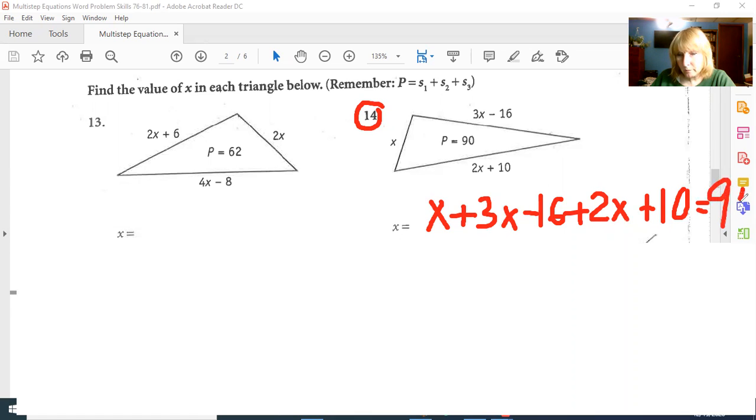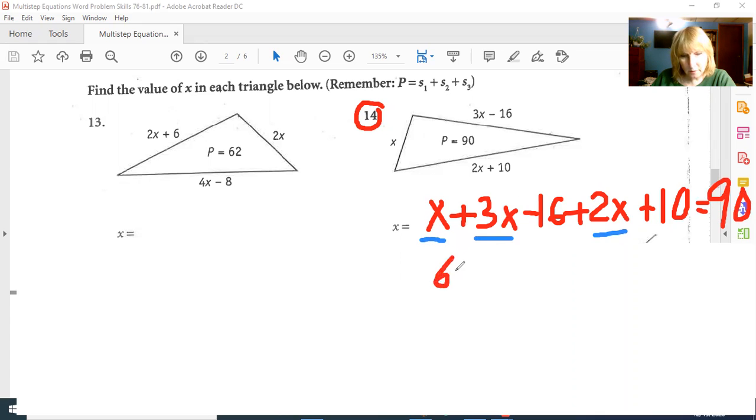Okay, now we have to combine all of our like terms. So we have an x, we have a 3x, and we have a 2x. And those are all of our like terms. So we add those together and we get, remember there's an imaginary 1 in front of the first x, so 1 plus 3 plus 2, that's 6.